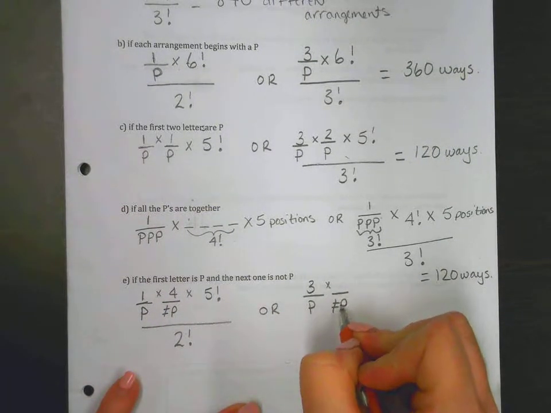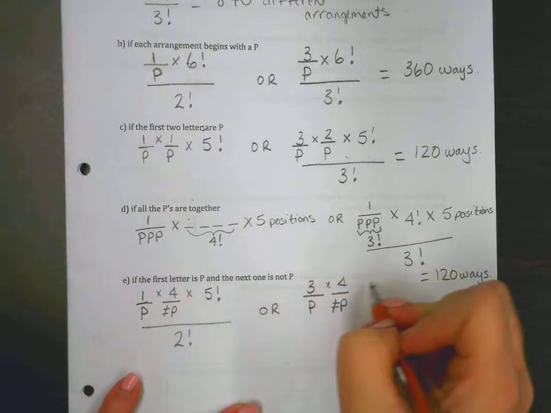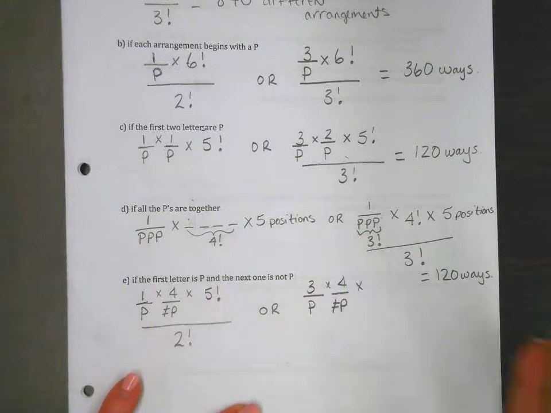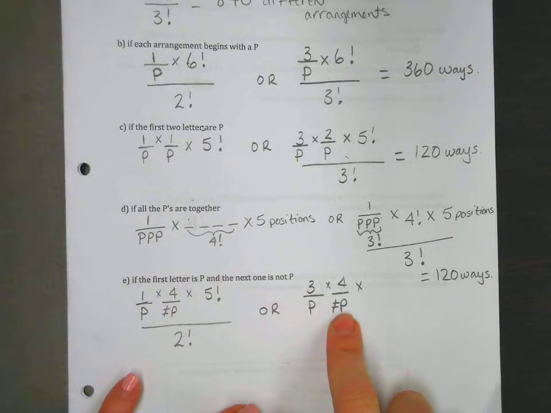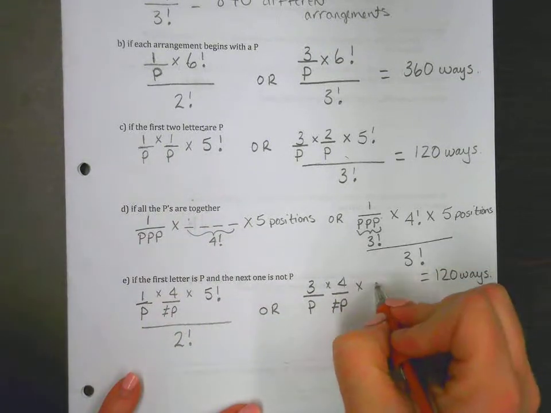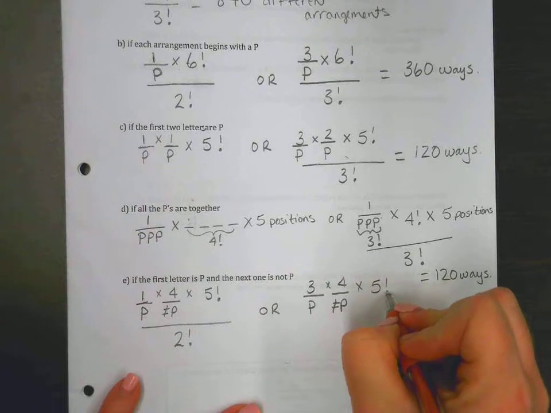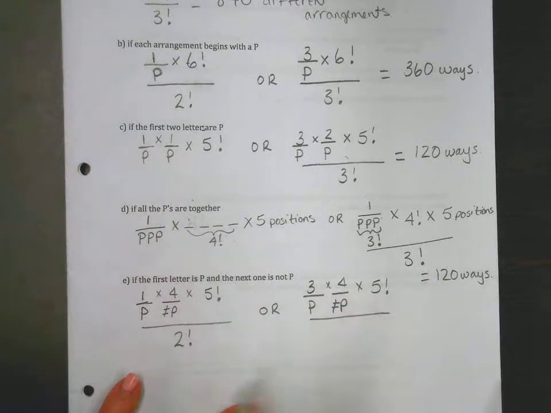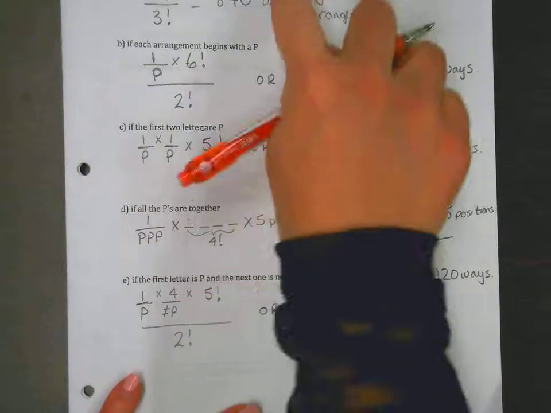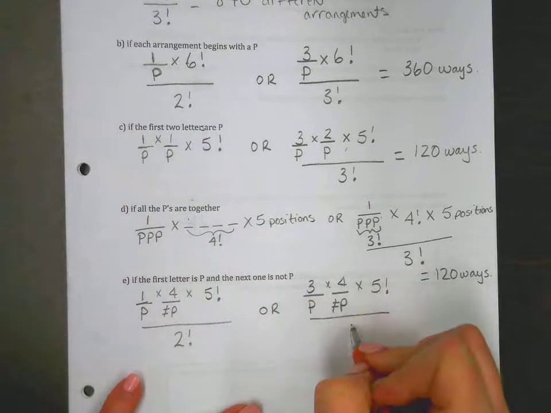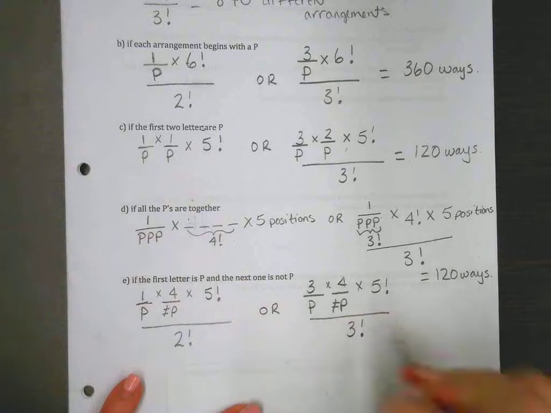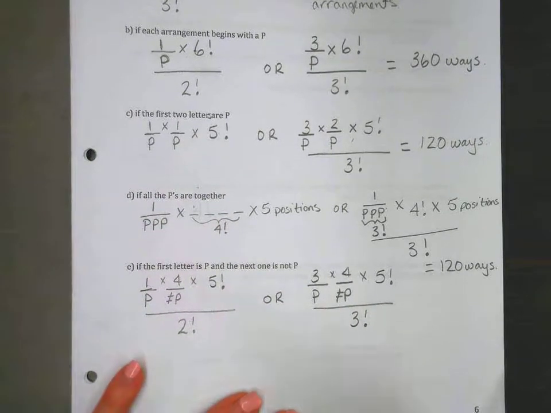Well, I've used 1 P here, I've used another letter here. There's going to be 5 letters left to arrange, which would be 5 factorial. And then I would have to divide this by all of my P's because I'm considering all the possibilities here. I'd have to divide this by 3 factorial as my identical objects. So my answer should be 340 ways when we multiply these. Right, so that is the end of permutations.